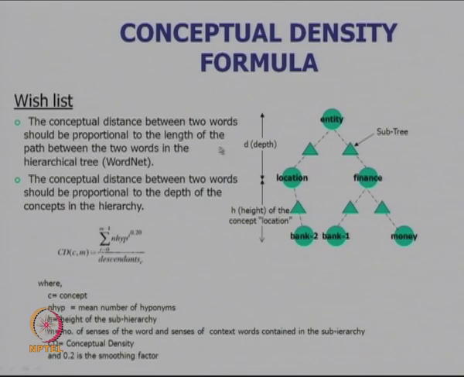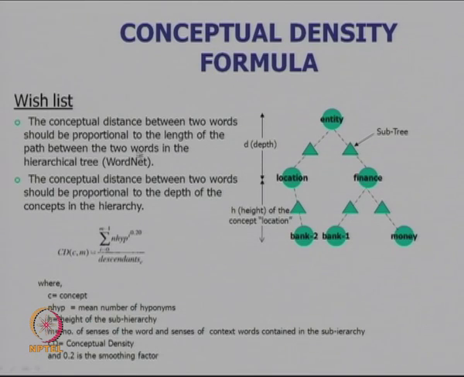The conceptual distance between two words should be proportional to the length of the path between the two words in the hierarchical tree. Okay. Now, since it is a distance which measures the overlap and which is the clue for disambiguating the word, therefore, we say that the conceptual distance is proportional to the length of the path between the two words in the hierarchical tree.